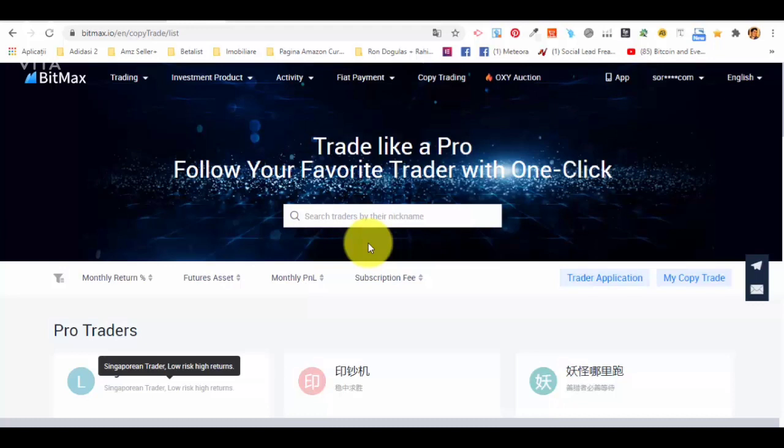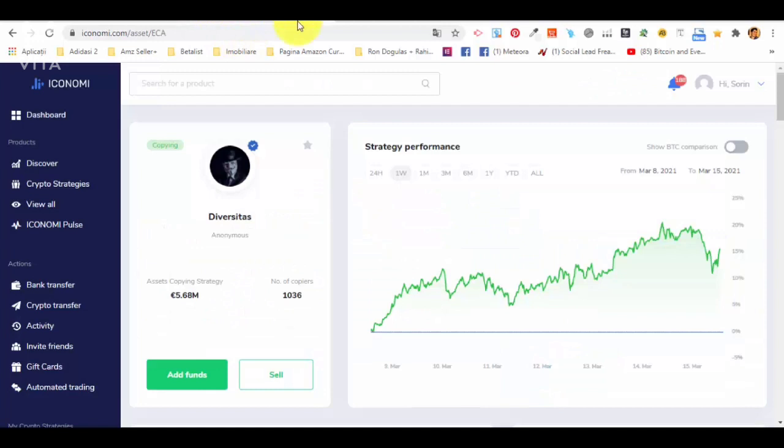One of them is iConomy and one of them is BitMax. BitMax you have seen before. They have a very good diversified staking type of service offering, and iConomy is a platform where actually this is what you are doing. It's focused on copying traders, or copy trading.